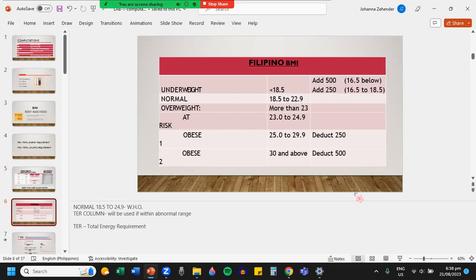Okay, so since we are Filipinos, we fall under the Asia Pacific standard. Okay, so if and only when the BMI of a patient is abnormal, that's the only time that we will be using the TER column.